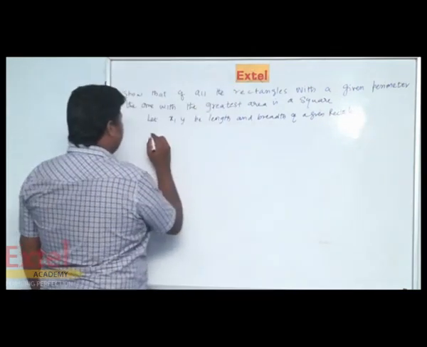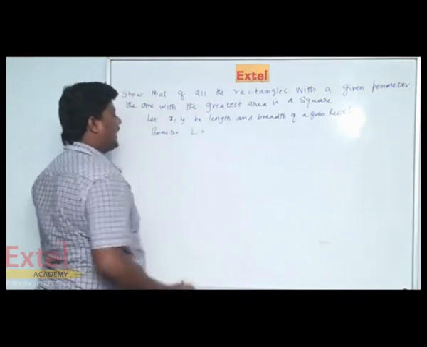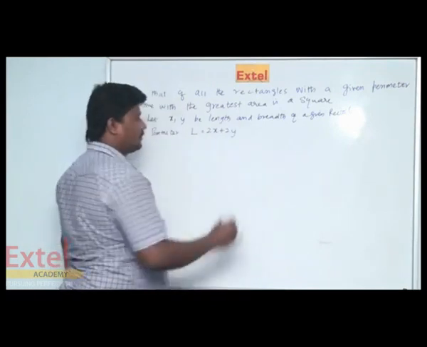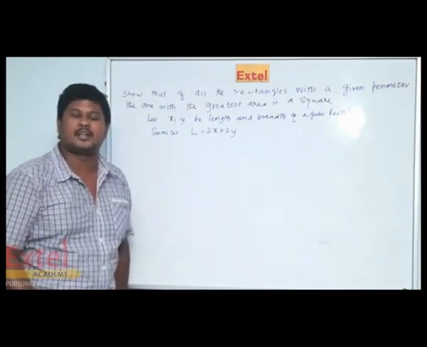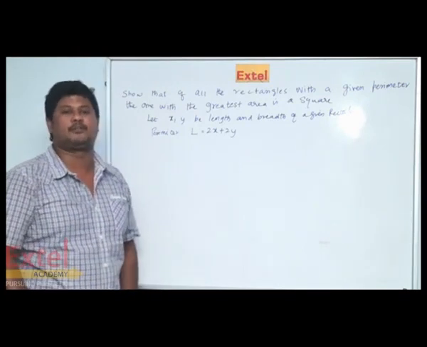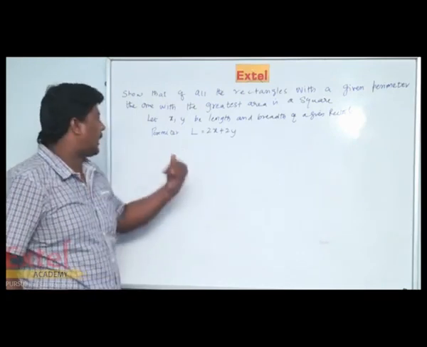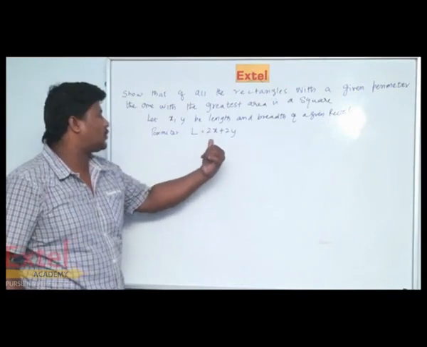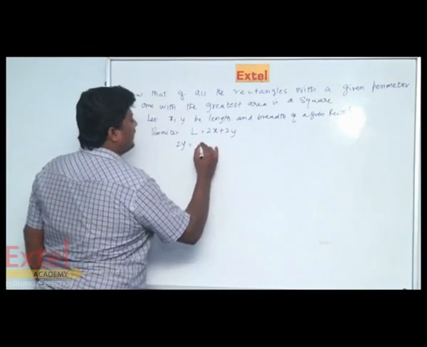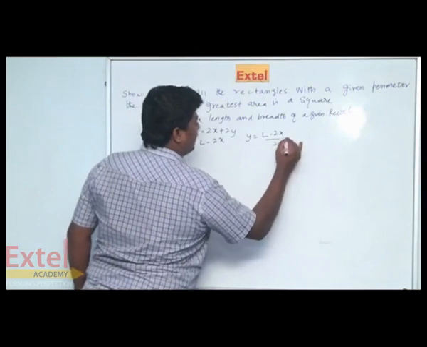I am taking the perimeter as L. Then the perimeter L is equal to 2x plus 2y, because if x and y are the length and breadth of the rectangle, the perimeter of the rectangle is 2x plus 2y. From this I can say 2y is equal to L minus 2x, or y is equal to (L minus 2x) divided by 2.